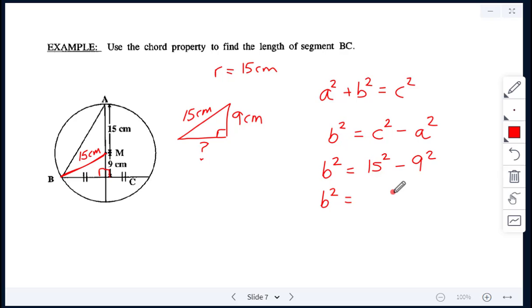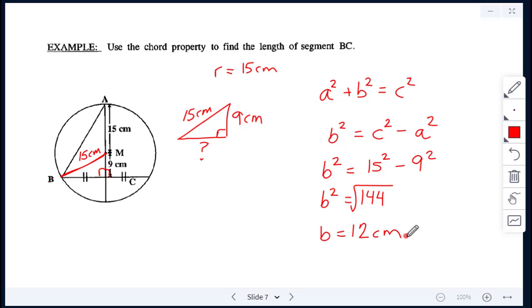Oh, let me double check that. 15 squared minus 9 squared. Yes, 144. All right, that's for B squared. So remember to take the square root next to give B is equal to 12. And that is in centimeters.